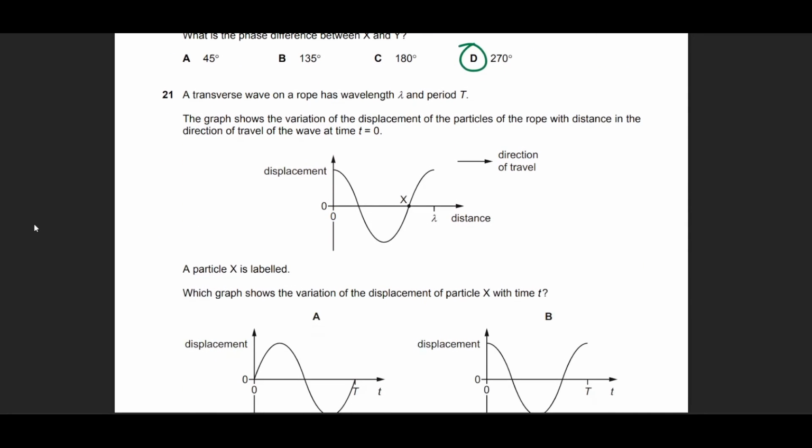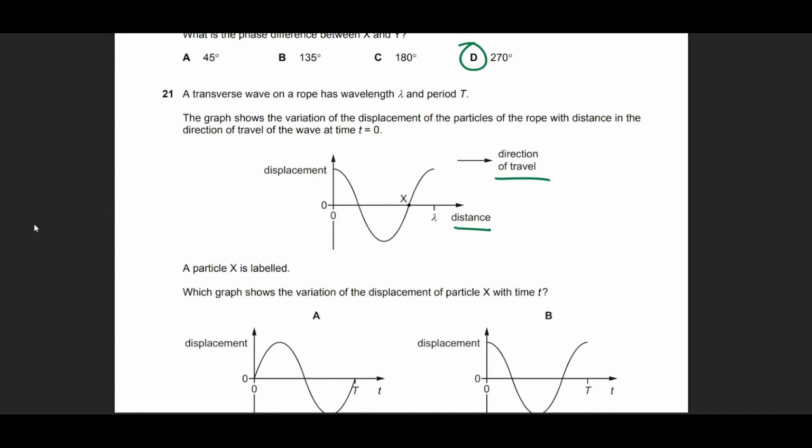Okay, question number 21 requires a bit of understanding. He says that this is the displacement. Notice that this is distance. And particle X, now since the wave is moving in this direction, what is next for X? Is it going to go up or go down? Notice that the next phase the particle X is going to experience is coming from this side.